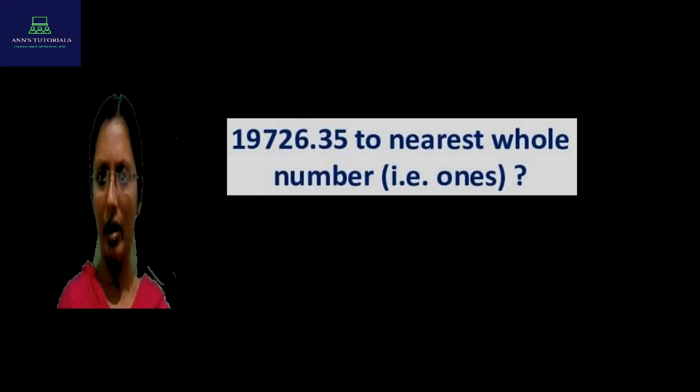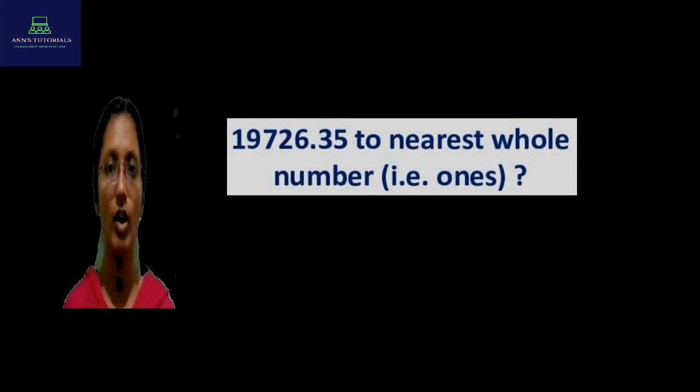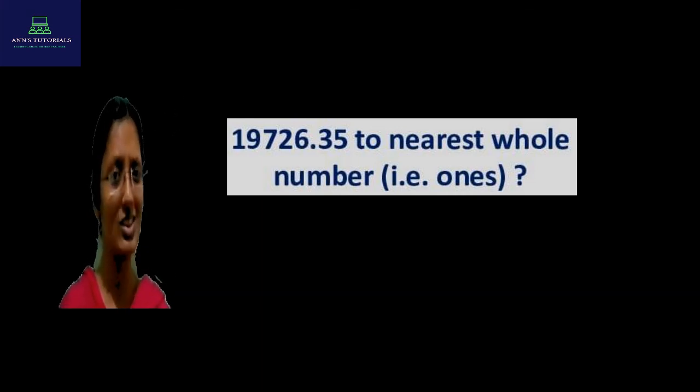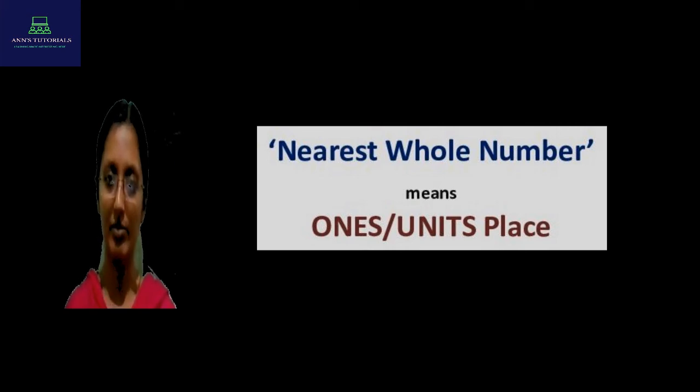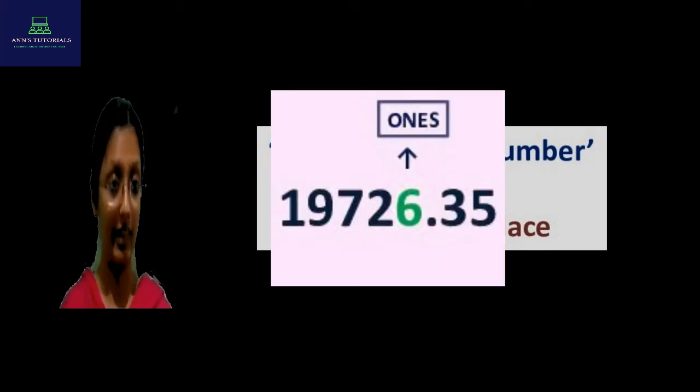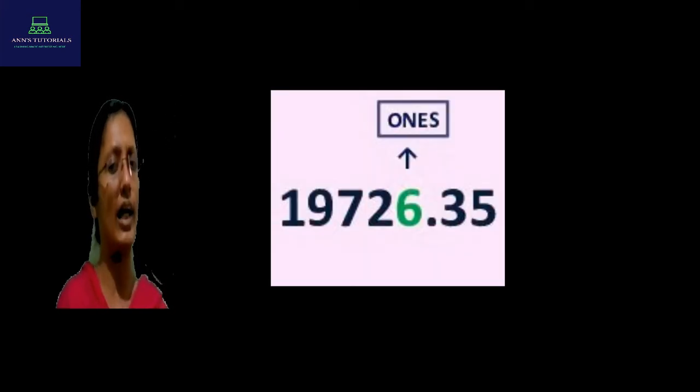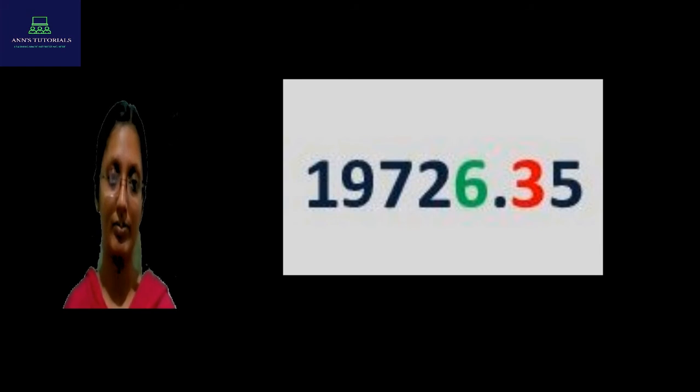Here we have one more example. Let's round the number 19,726.35 to the nearest whole number. Now, what does rounding to the nearest whole number mean? It is another way to say rounding to the nearest 1. So, what is in the ones place here? It is 6. Next, we will check the digit right next to it. That is the number 3.